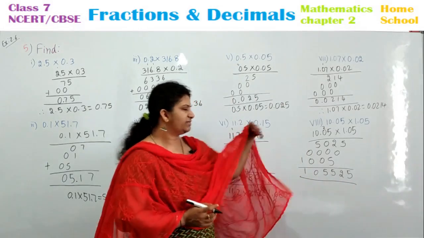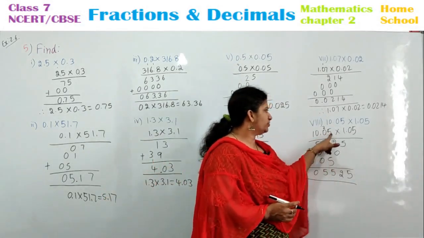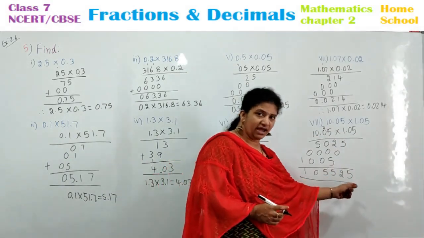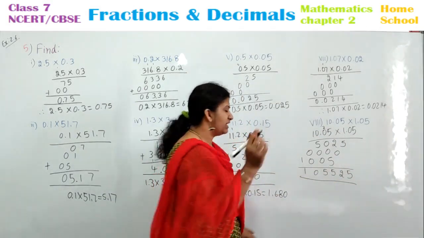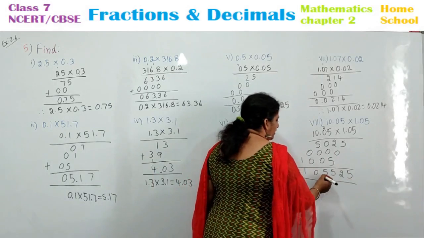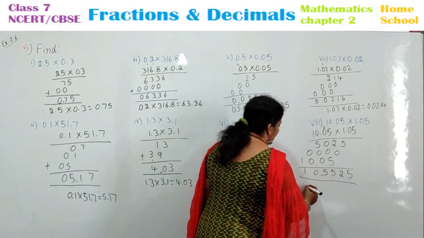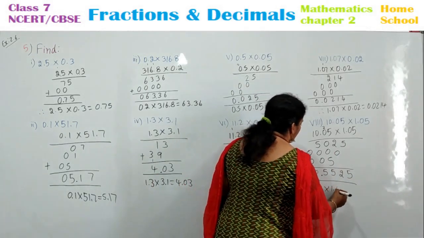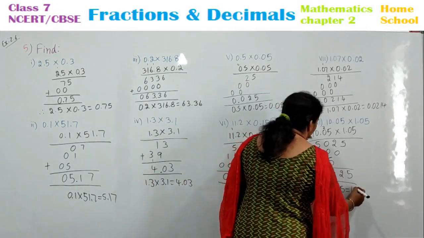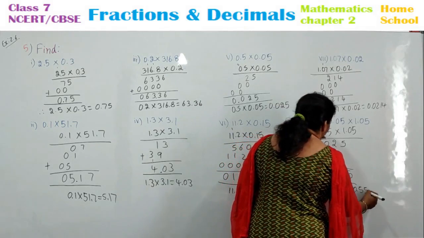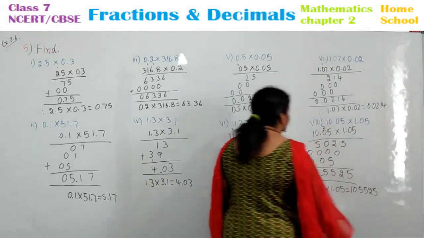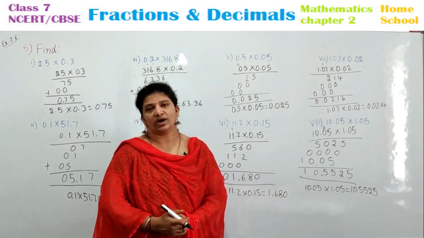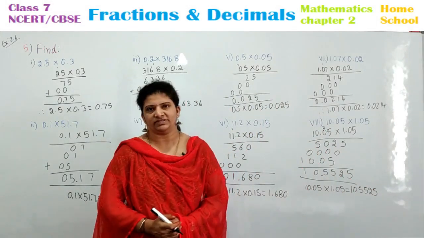Okay, now count the decimal places here. 1, 2, 3, 4. Okay, in your answer, from the right side, 4 decimal places, after that you put the point. That is, therefore, 10.05 into 1.05 is equal to 10.5525 is your answer.